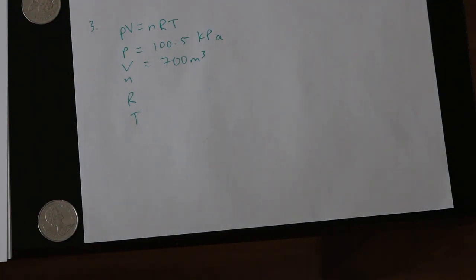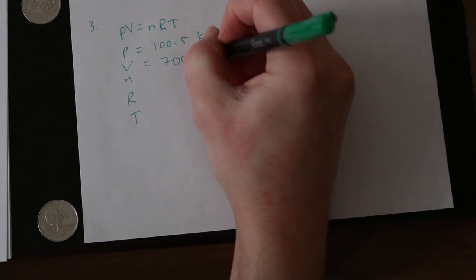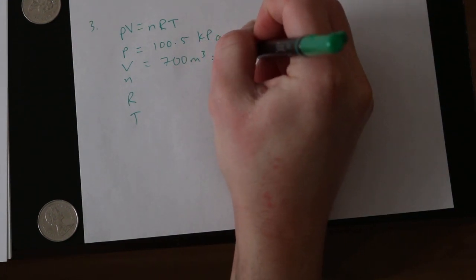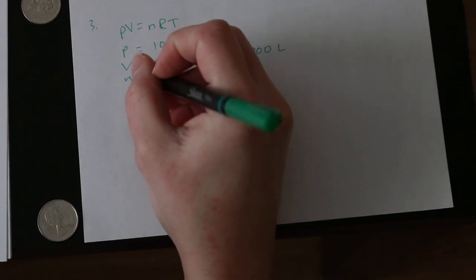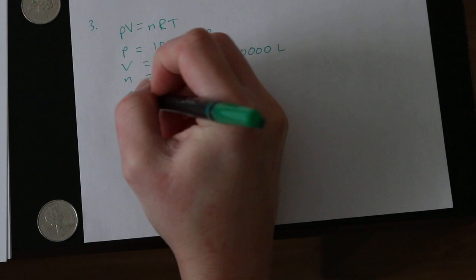So we're told that 1 cubic meter equals 1,000 liters. So we're just going to add 3 zeros to that number. So that's going to be 700,000 liters. Our number of moles is what we're trying to find.